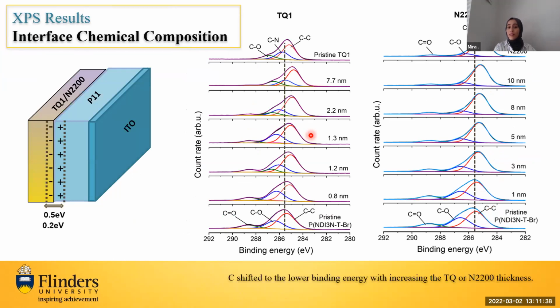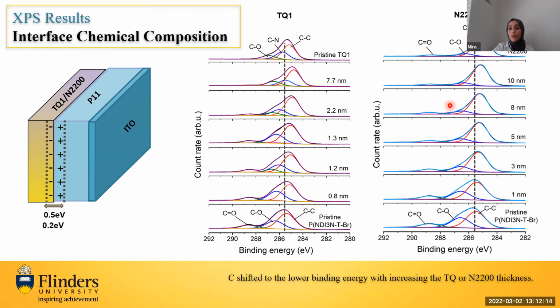But the interesting thing is the carbon peak with the TQ1 and N2200 layers. The carbon-carbon peak for the pristine one usually sits at a position of 285 something, but after putting different layers of TQ1 on top of P11, we can see a shift of this peak to lower binding energy. We estimated this shift to be about 0.5 electronvolts.